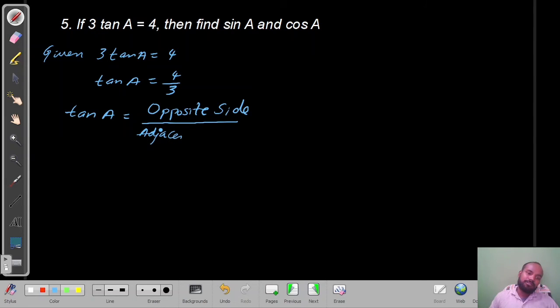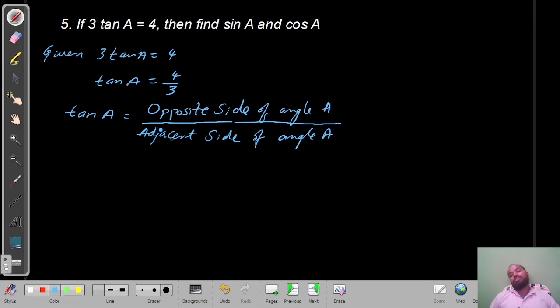Here also it is the adjacent side of angle A. Don't forget this angle A. Now we have to draw one triangle here. With the help of the diagram, we should do everything very clearly. Yes or no? Yes, we should do everything very clearly.